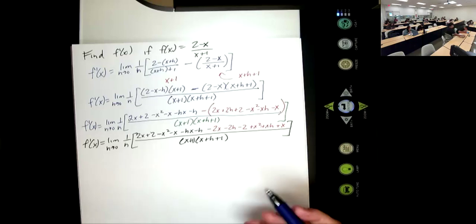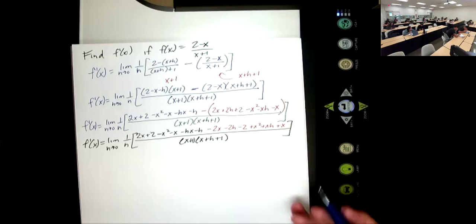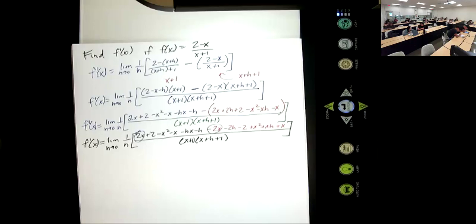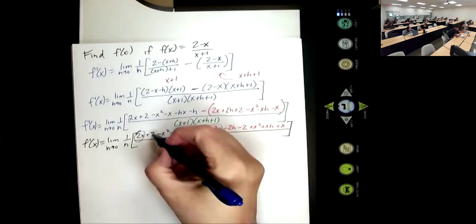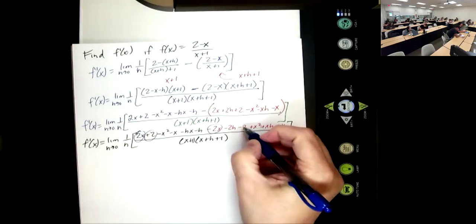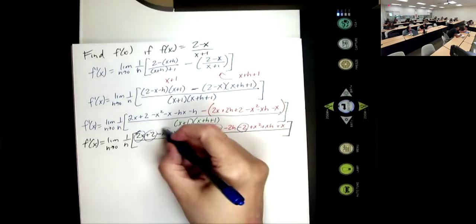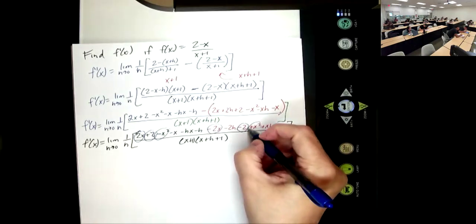What cancels? I've got a 2x here and a negative 2x here. I've got a 2 here and a negative 2 there. The x squareds cancel too, right? Negative x squared and plus x squared.